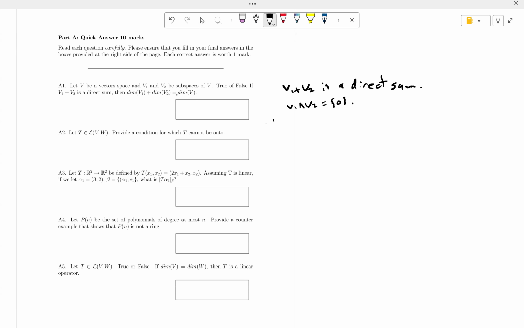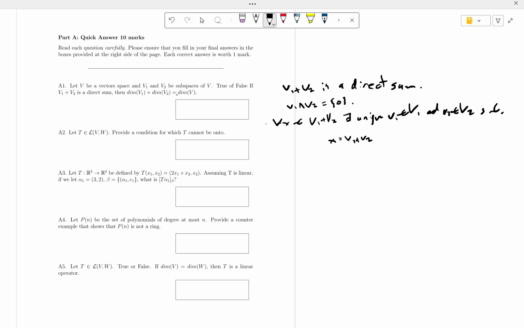Another condition is that for all x in V1 plus V2, there exists a unique v1 in V1 and v2 in V2 such that x equals v1 plus v2.